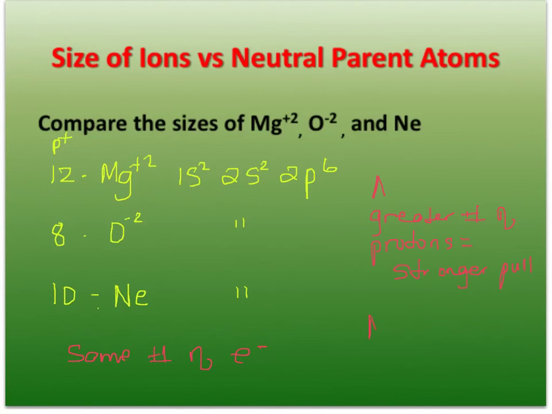That means the magnesium ion will be smaller than the neon, which is even smaller than the oxide ion, because magnesium has the most protons and oxygen the least. So we have the greatest pull here and the weakest pull here, because we have more protons here and fewer protons there.